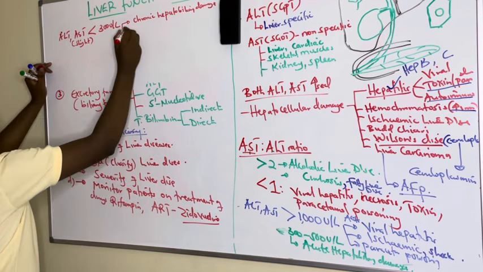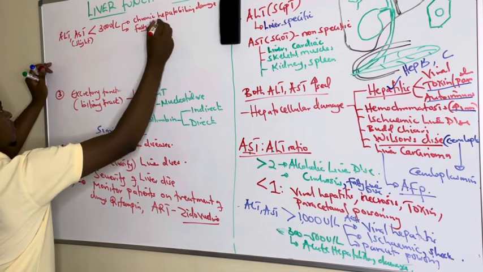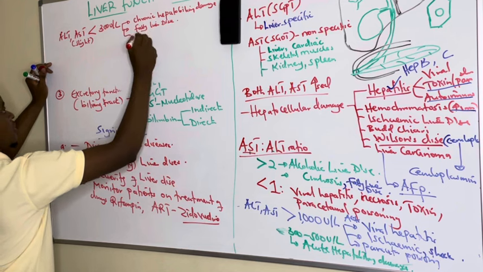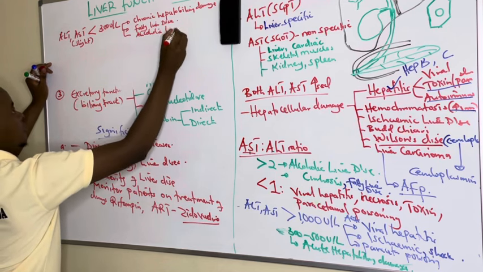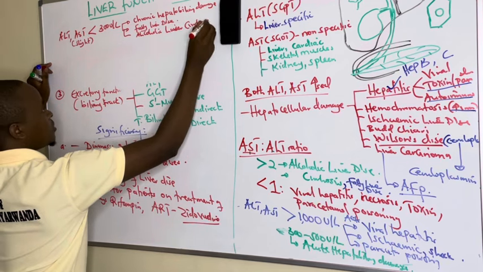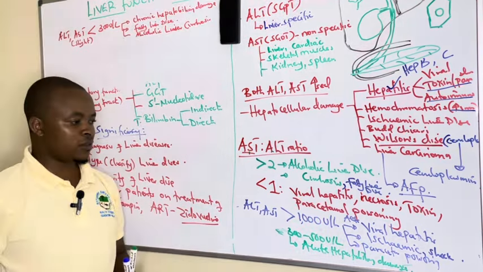We can find them in fatty liver disease, sometimes alcoholic liver cirrhosis, what we call liver cirrhosis. That is when it is slightly elevated.